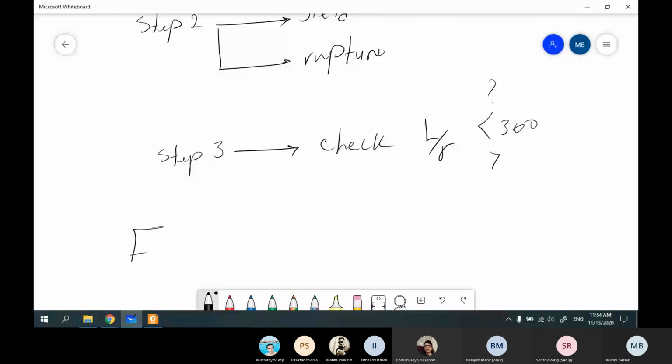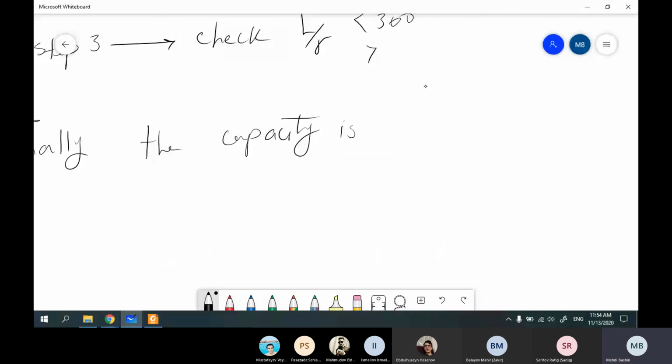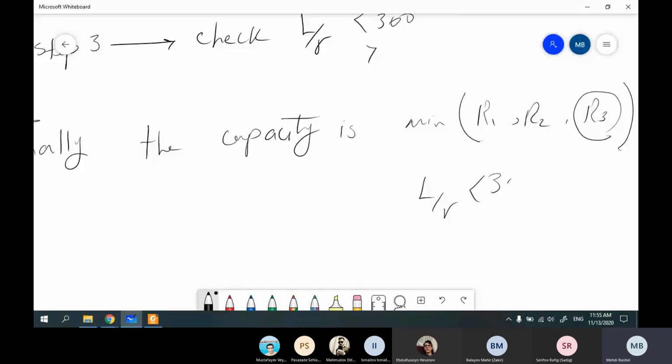Finally, the capacity is the minimum of R1 and R2 and R3 that I'm gonna talk about right now because we have another criteria. Also, slenderness should be less than 300.